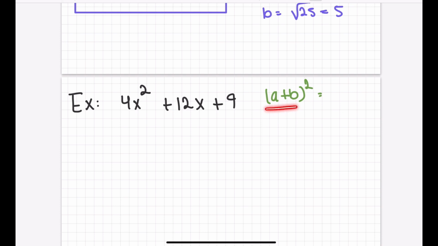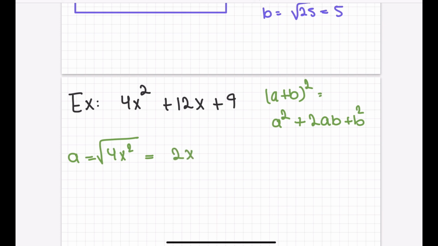So this was the formula, the original form, equals a squared plus 2ab plus b squared. What you need to do is find your a. So your a is the square root of 4x squared, which is 2x. So this is your a. And your b is the square root of 9, which is 3.